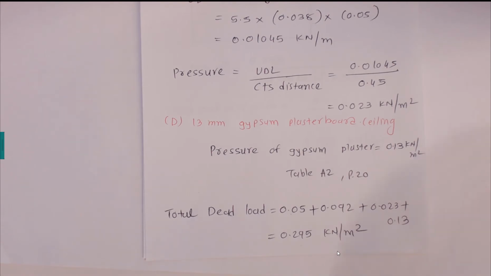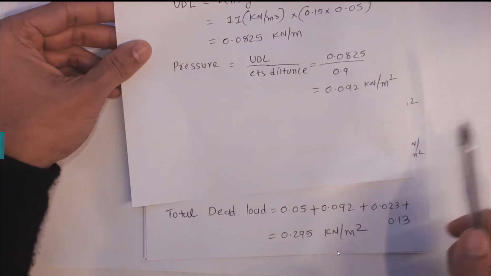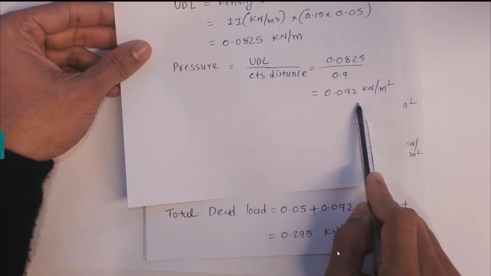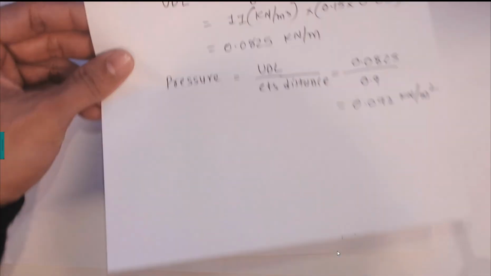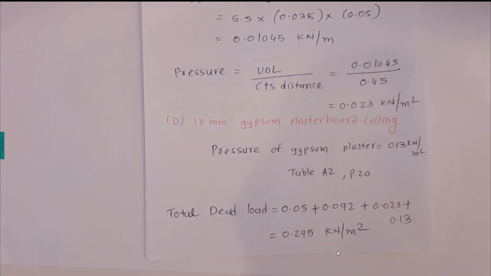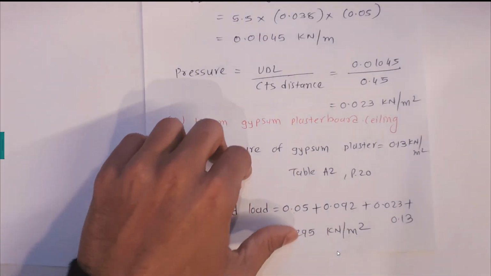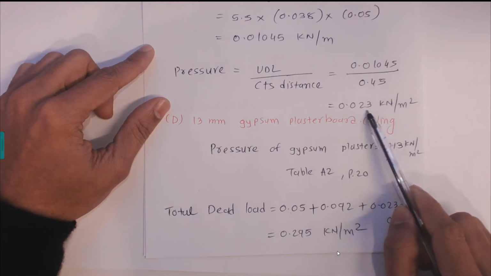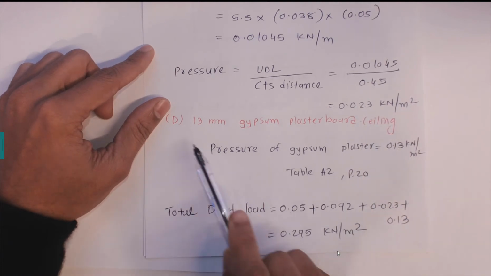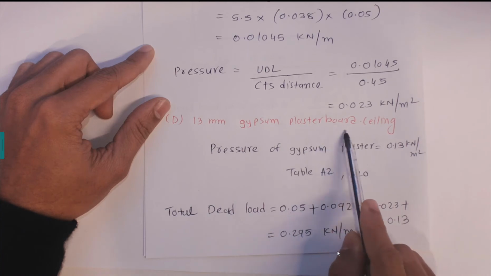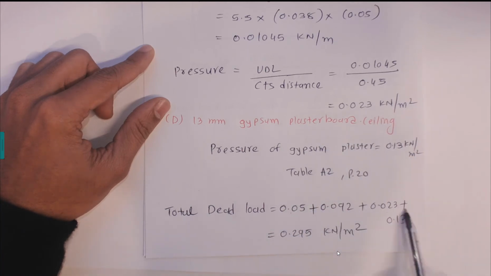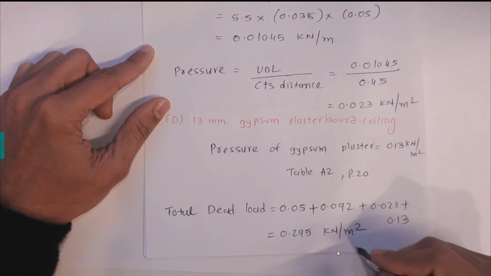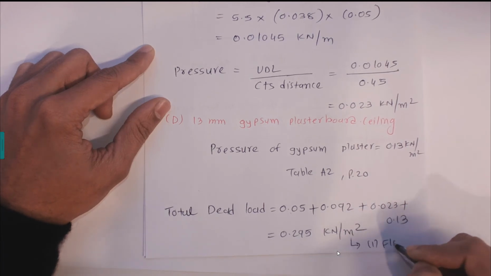The second layer is a hardwood purlin, for which we calculated 0.092. The third layer we calculated as 0.023, which is the softwood battens, and the fourth layer is the gypsum plasterboard ceiling that we found from the Australian standard, 0.13. We add them all, which gives us 0.295 kilonewton per meter square. So this is the first case, where we have a flat ceiling.